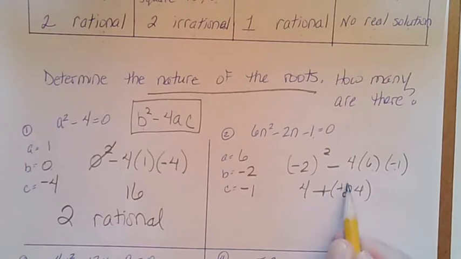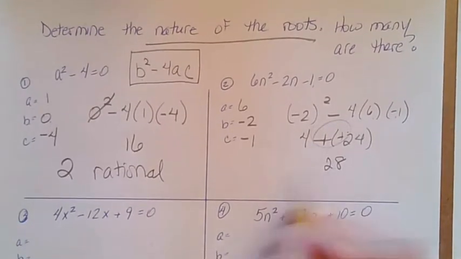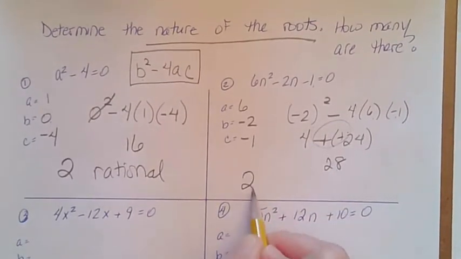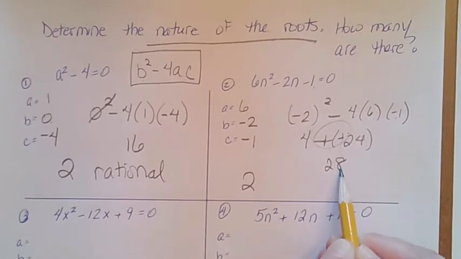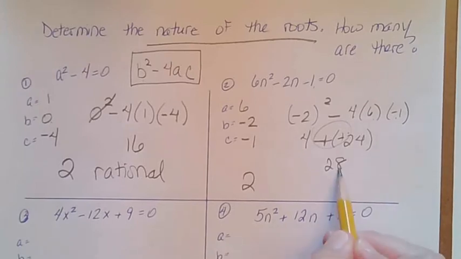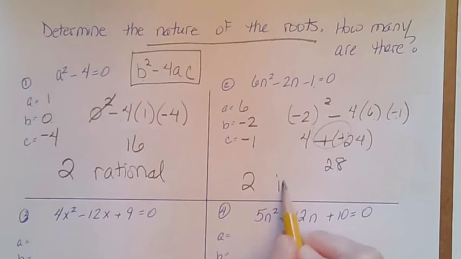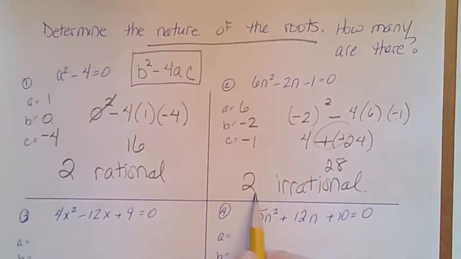Whoops, minus a negative is plus a positive, that's 28. So now what I'm seeing is, this time again I have a positive number, 2 solutions, but this I cannot take the square root of and have the radical go away. I can simplify it, but because it's not a perfect square, I will have 2 irrational solutions.